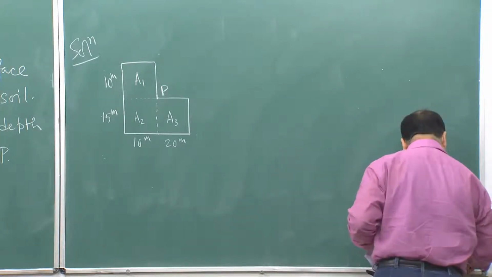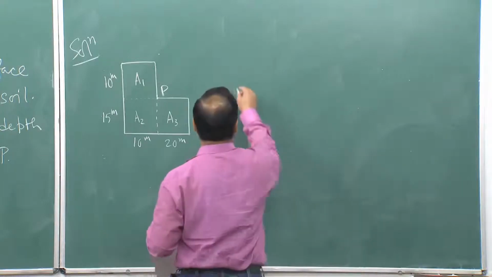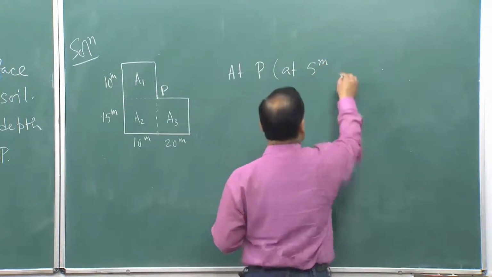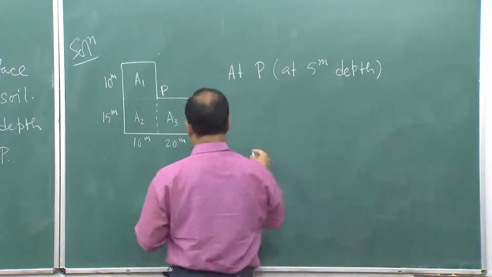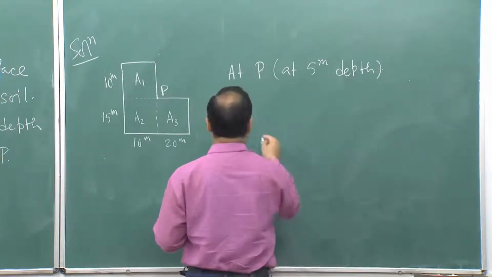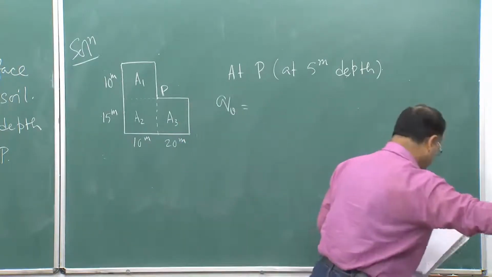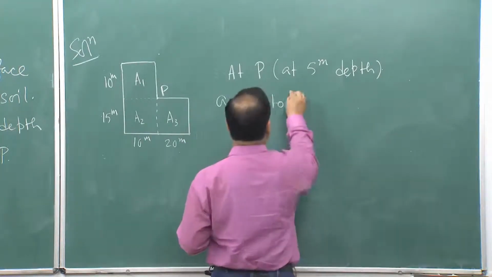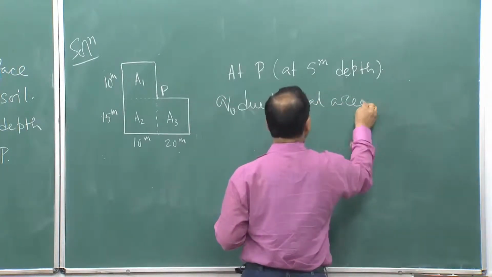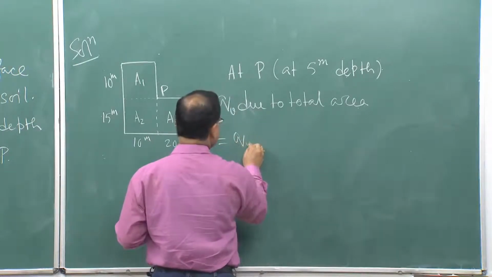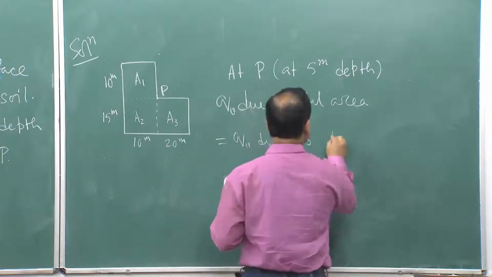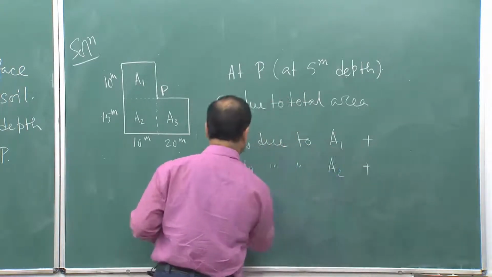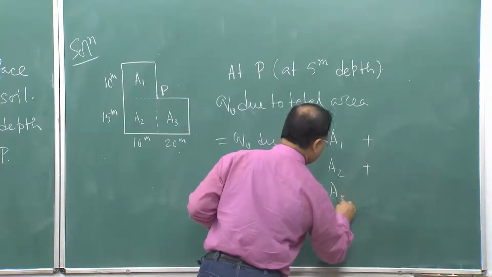Now, at P, at 5 meter depth, QV due to total area is equal to QV due to area A1 plus QV due to area A2 plus QV due to area A3.